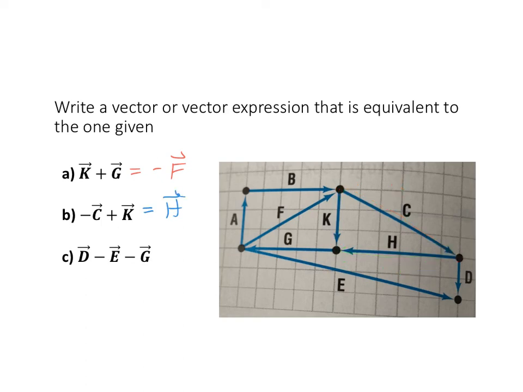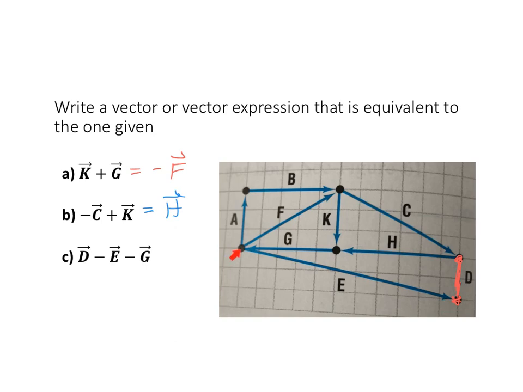All right, the next example wants us to add vector d minus e minus g. So I'm going to start with vector d, from the initial point of vector d to its terminal point, or from tail to head. Then starting where d ends, right here, we need to add the opposite of vector e.